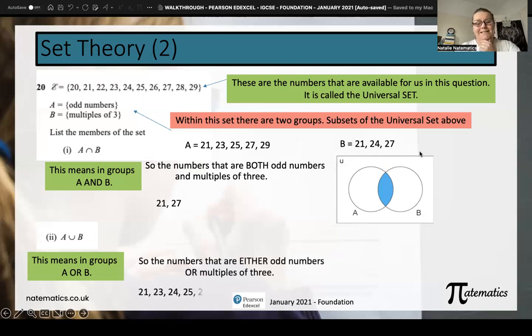You'll notice that any duplication is taken out. Here A has got 1, 2, 3, 4, 5 numbers. B has got 3 numbers. But A union B, or A or B, does not have 8 numbers, does it?